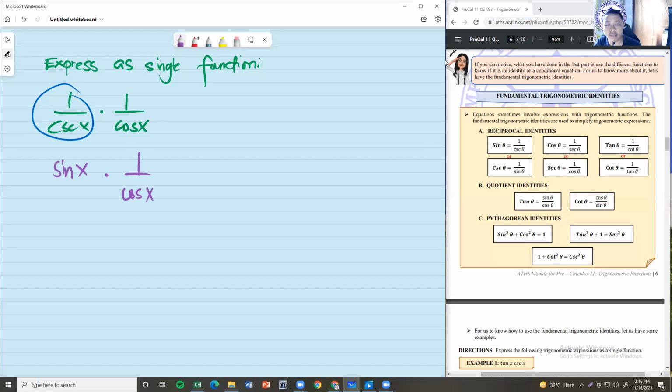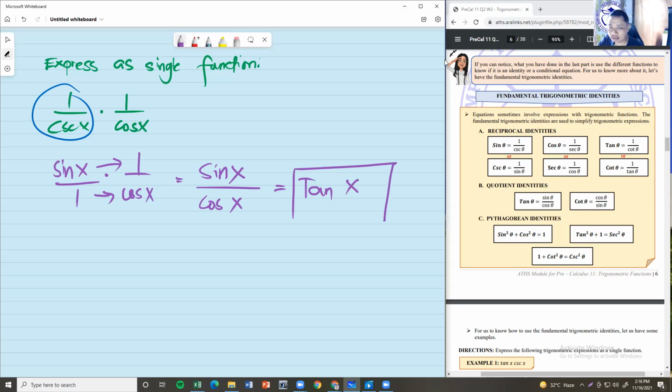Now, as you have noticed, this can already be multiplied in fraction form, n to n, d to d. So therefore, we will end up with sine x over cosine x. Now, looking at our quotient identity, sine x over cosine x is just the same with tangent x. That's the fastest way so far to change that expression to a single function.